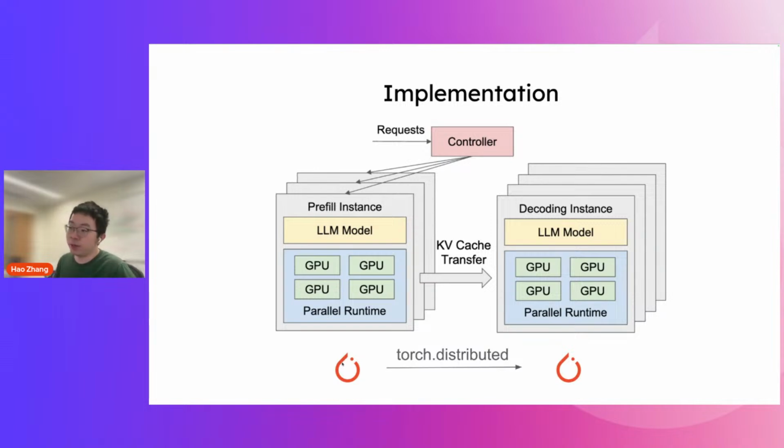In PyTorch, it's very easy to implement the different kinds of parallelism, such as tensor, data, and pipeline. After the request finishes its life cycle on the prefill instance, we migrate the request from prefill to decode. This migration is done using torch distributed libraries and a few RPC calls. After migration, the request will live on this decoding instance, which is another set of GPUs orchestrated using a parallel runtime implemented on top of PyTorch.